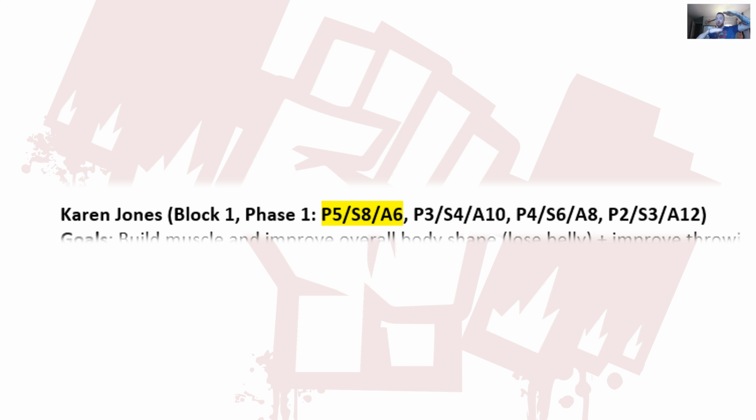Again, the S just means strength. So we had power, we had strength, we had assistance, we had conditioning. That's all it means, is everything under strength for our actual lifts, not our motor control, for our actual lifts is going to be 8s. For power, you can see it went 5 for this first phase, then it's going to go 3, then it's going to go 4, and then it's going to go 2. Now, that's typically, and by typically for us, really always, going to be paired with core.